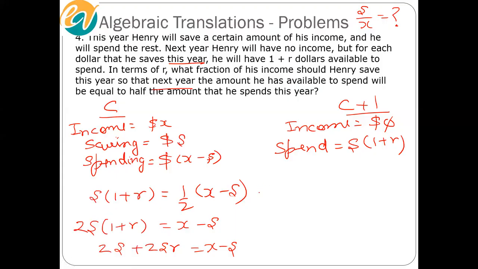So what do I get? 3S plus 2SR is equal to X.